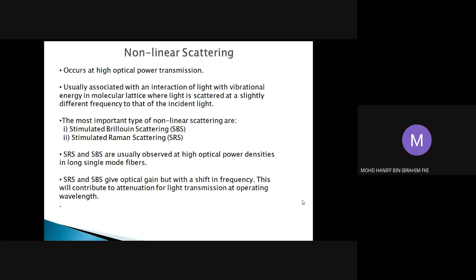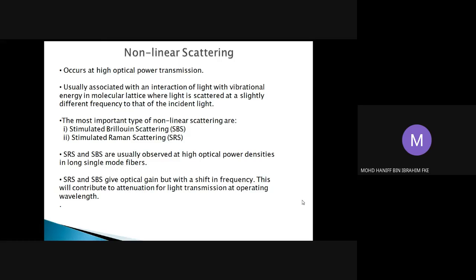When we have a shifting in wavelength or frequency, it will definitely contribute to attenuation for the light transmission at this operating wavelength. So hopefully you understand the basic understanding of nonlinear scattering.